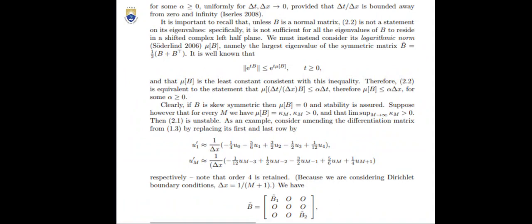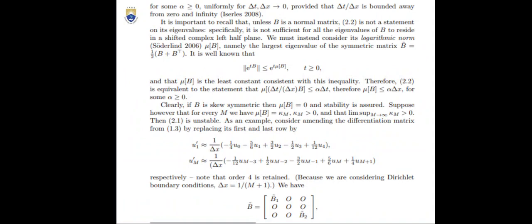We must instead consider its logarithmic norm, μ(B), namely the largest eigenvalue of the symmetric matrix (1/2)(B + B^T). It is well known that ||e^{tB}|| is less than or equal to e^{tμ(B)}, where t is greater than or equal to 0, and that μ(B) is the least constant consistent with this inequality.